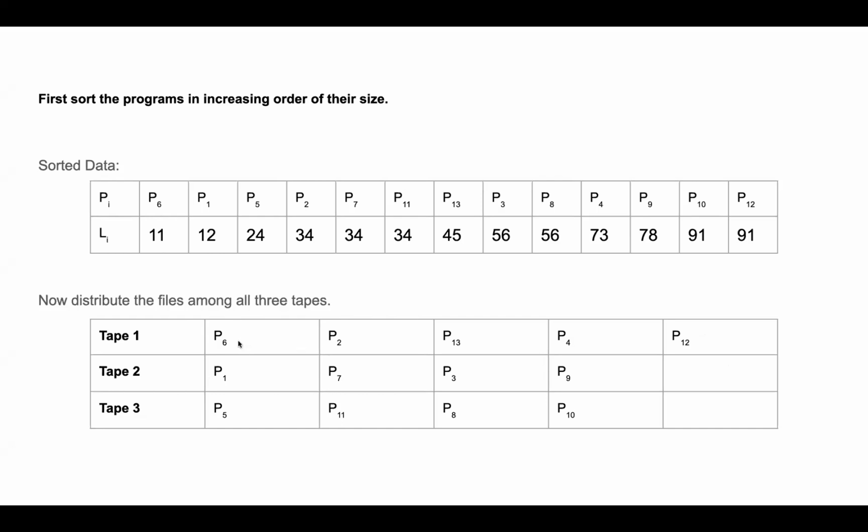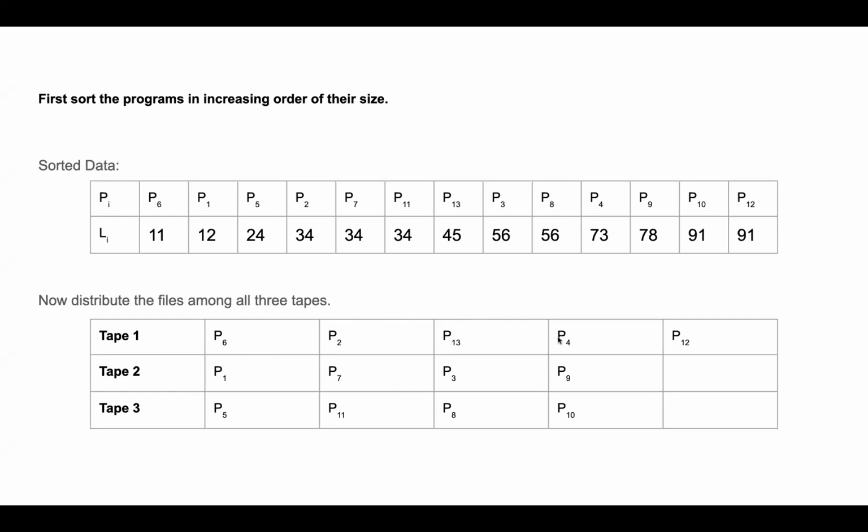Means for here, retrieval time of P6. For this one, retrieval time of P6 plus retrieval time of P2. For this, retrieval time of P6 plus retrieval time of P2 plus retrieval time of P13.